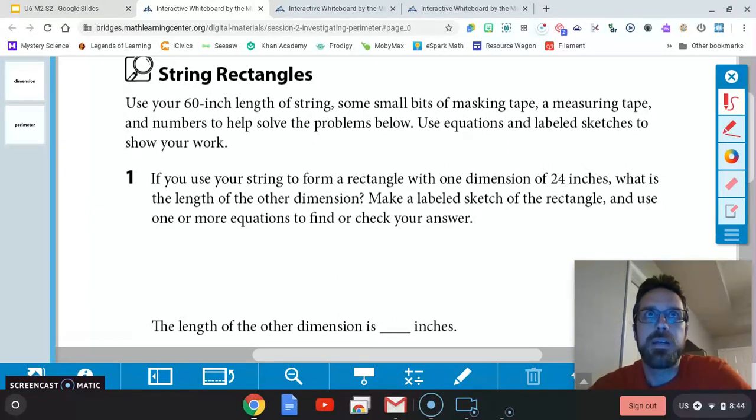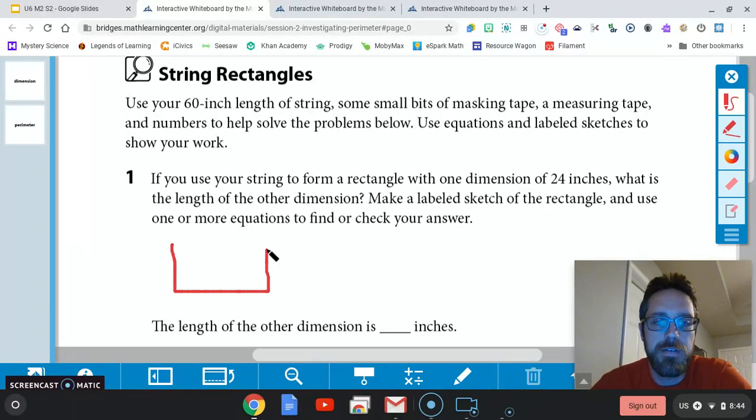The area is the amount of space inside an object, and perimeter is going around and adding up the outside of the object. So if I have 60 inches of string, that's going to be the outside.